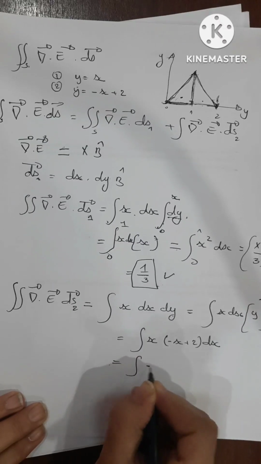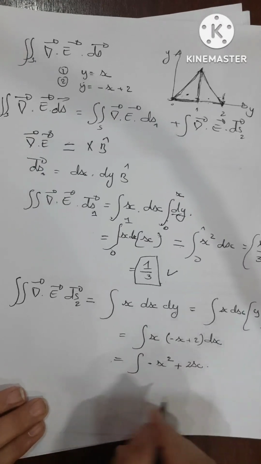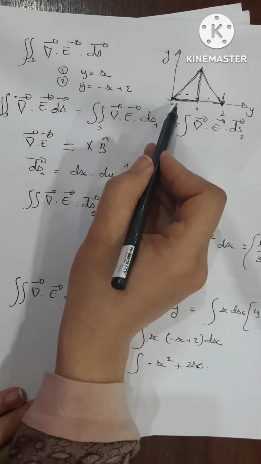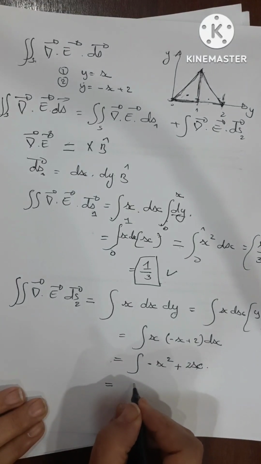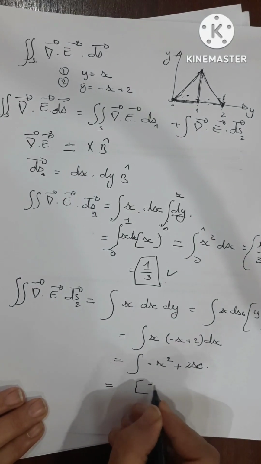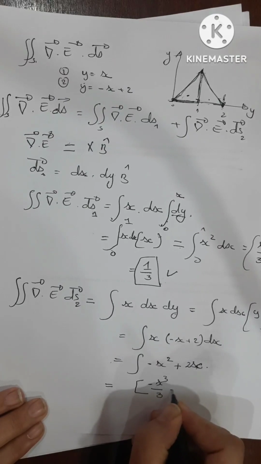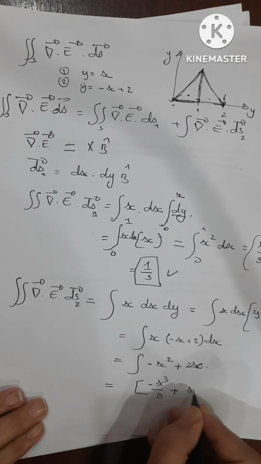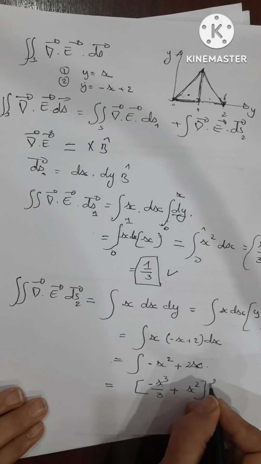It is minus x squared plus 2x, x varying from 1 to 2. So it's minus x cubed over 3 plus x squared from 1 to 2.